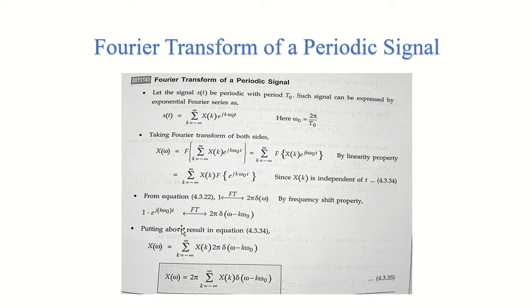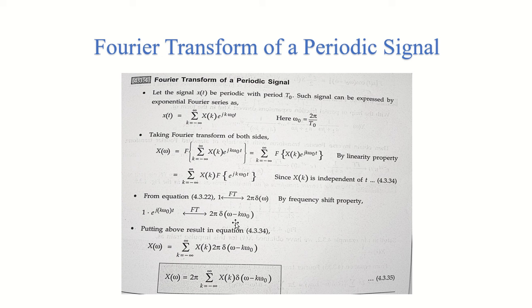And now considering the frequency shift property, if we take the multiplication of 1 into e raised to j k omega 0 t, which is the term present here, what will be the Fourier transform of 1 into e raised to j k omega 0 t? Considering this frequency shift property, it will be 2 pi delta omega minus k omega 0, right?